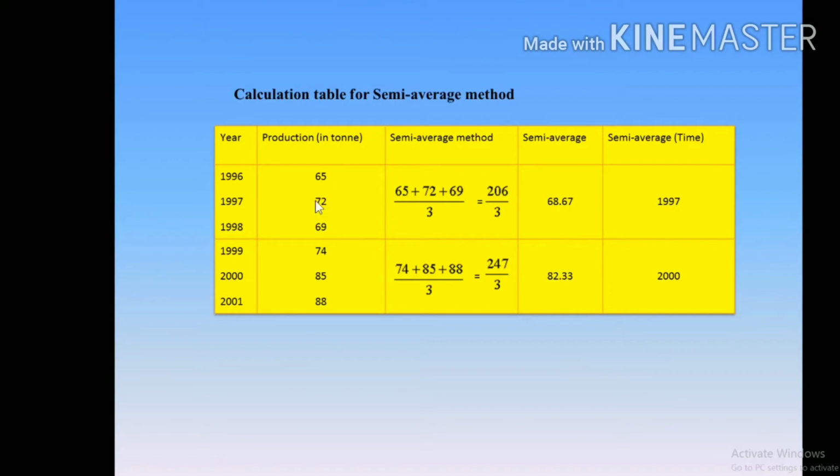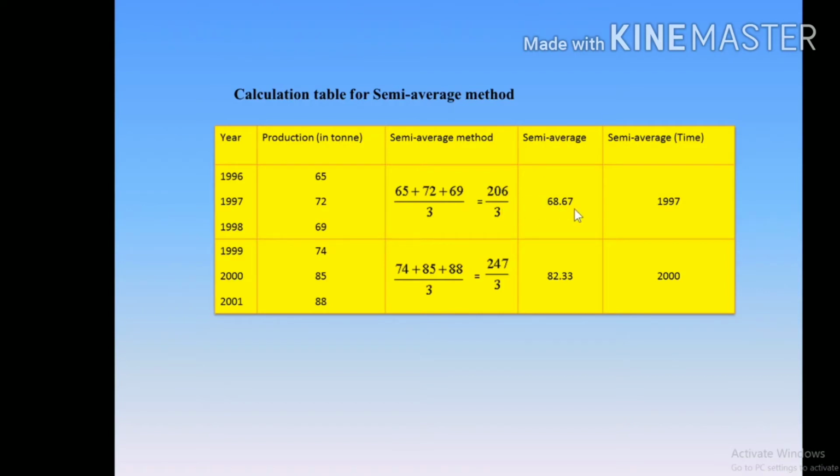Now you have to find the semi-average. First, you divide the total period into two halves. In the case of the first half, simply add the production for the years 1996, 97 and 1998, and divide by 3, that is 206 divided by 3, and finally you get the semi-average, that is 68.67.